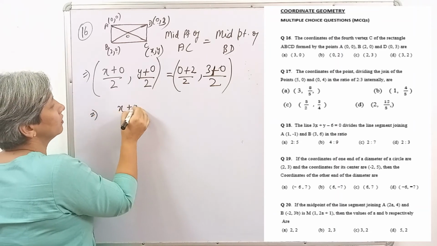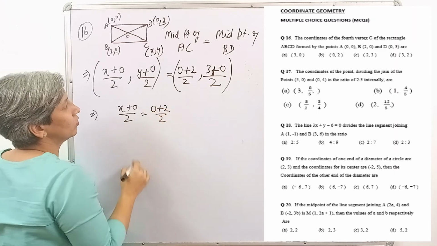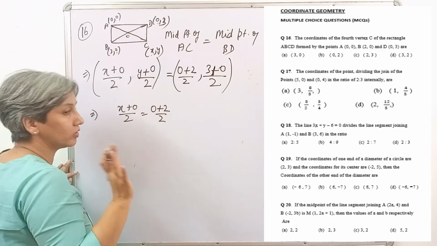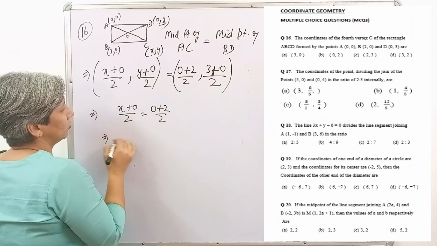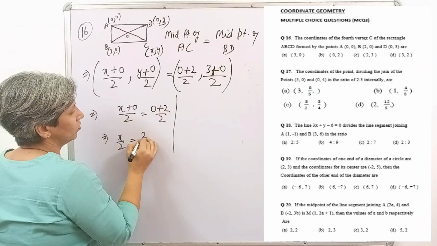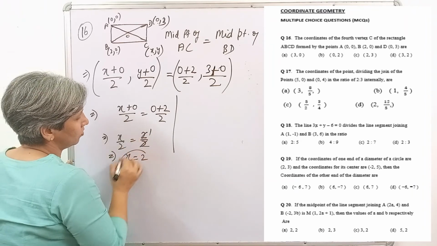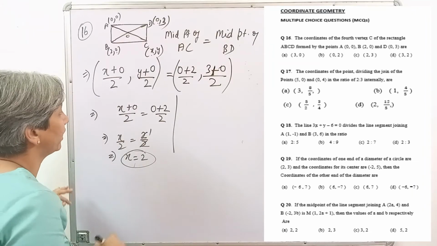(x plus 0) upon 2 is equal to (0 plus 2) upon 2. I have equated these exactly, without solving the 0 yet, so that there is no confusion. So x upon 2 is equal to 2 upon 2, which gives x equal to 2, right?